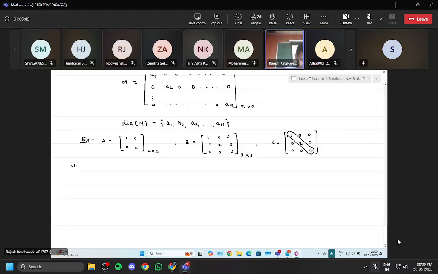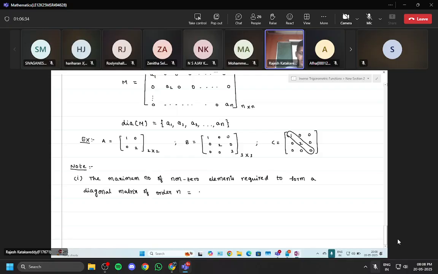So note number 1: the maximum number of non-zero elements required to form a diagonal matrix of order n is equal to n only.